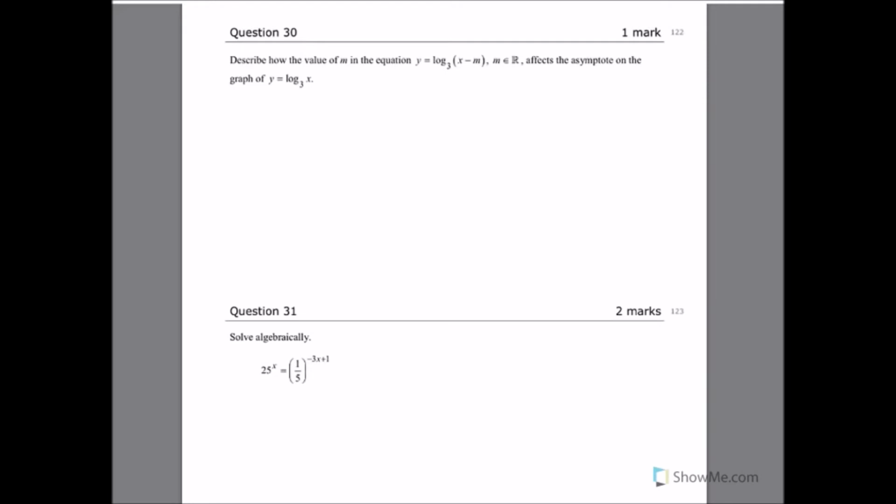Describe how the value of m in this equation affects the asymptote on the graph y equals log to the base 3 of x. So we should know for log to the base 3 of x, what is the asymptote? Let's just quickly draw that. We should know our log graphs.